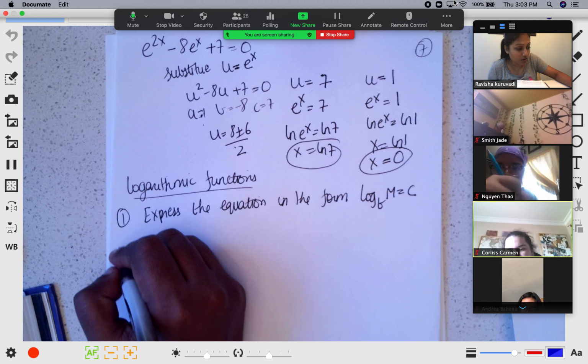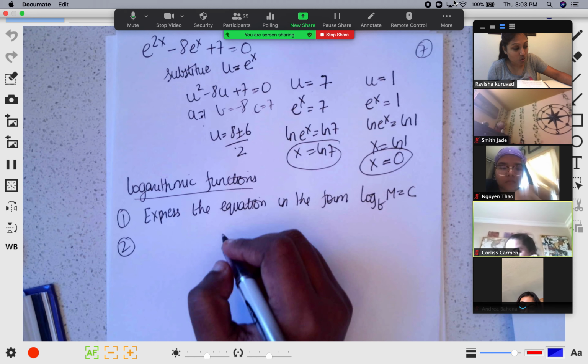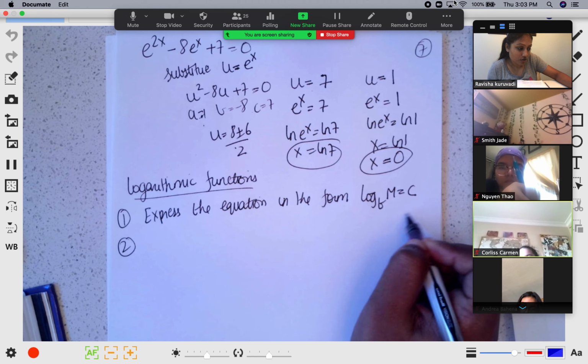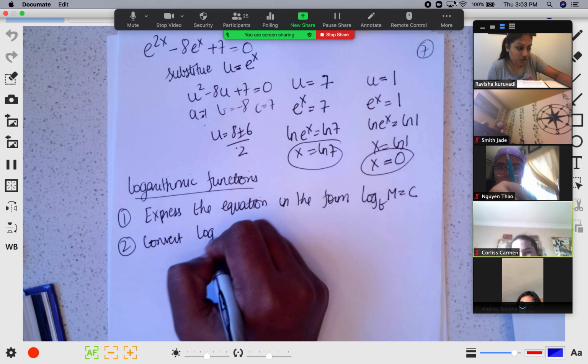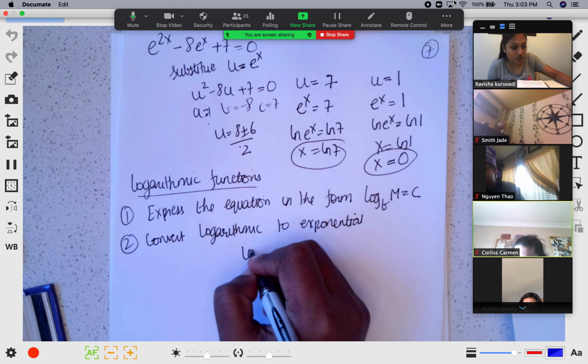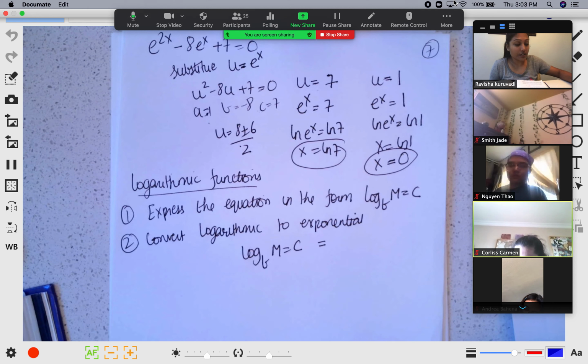Step 2, you have to convert this whole thing into exponential. Convert logarithmic to exponential. If you're given log b m is equal to c, how do you convert into exponential?